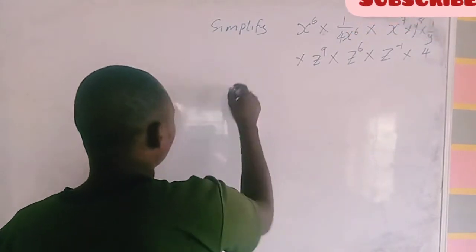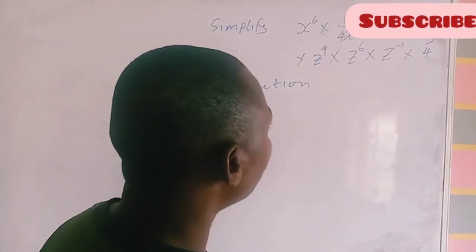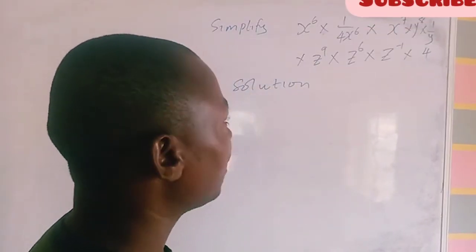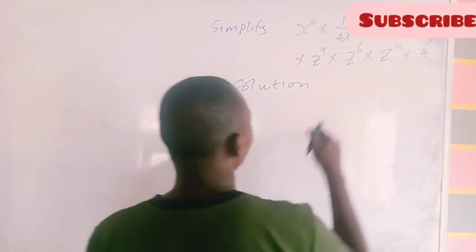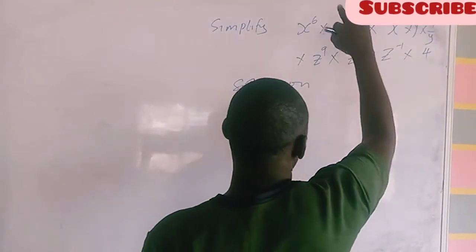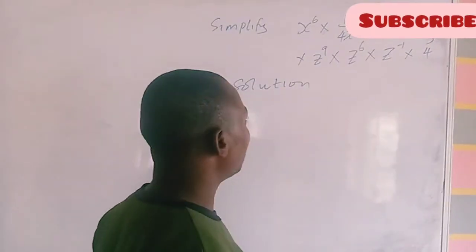So solution. We pick all the ones that have the same base together and add the power or subtract it. First of all, we'll convert this to a straight expression.